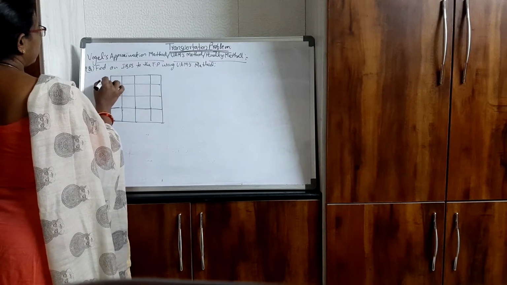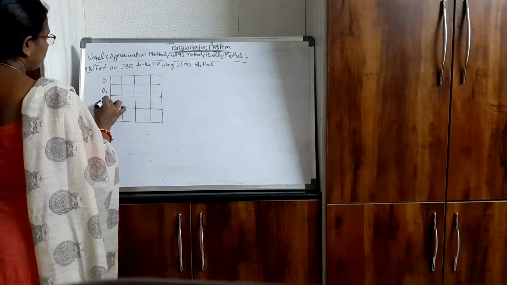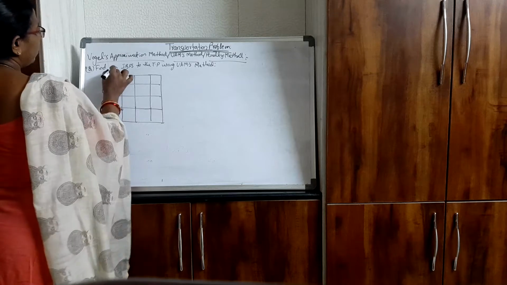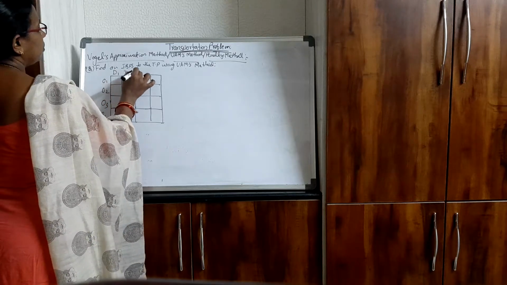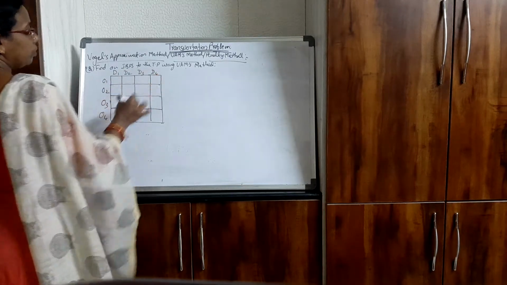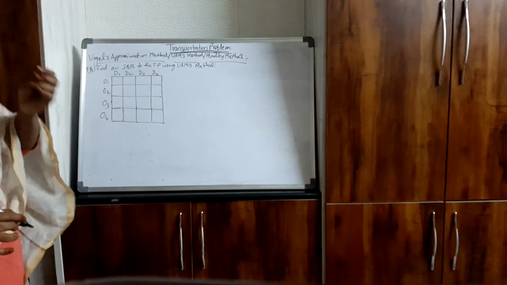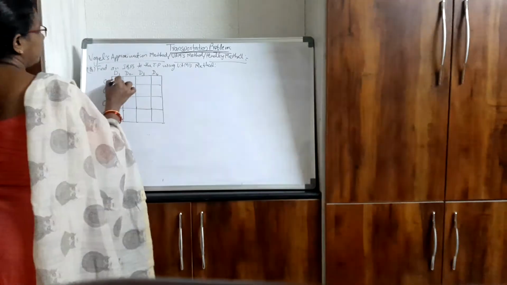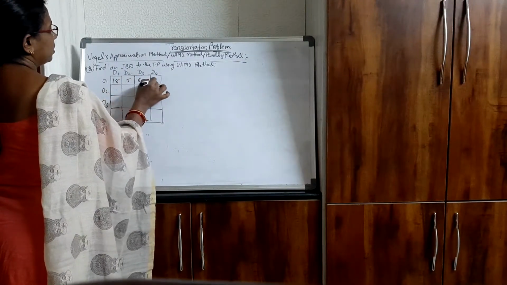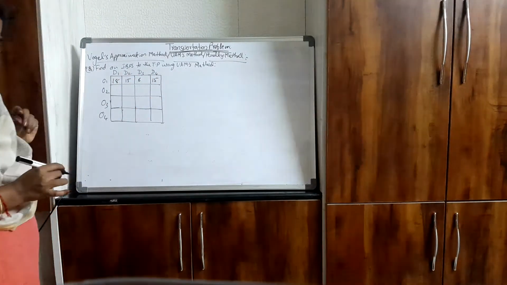Here I'll take O1, O2, O3, O4 and D1, D2, D3 and D4. The first row is 18, 15, 6, 15.